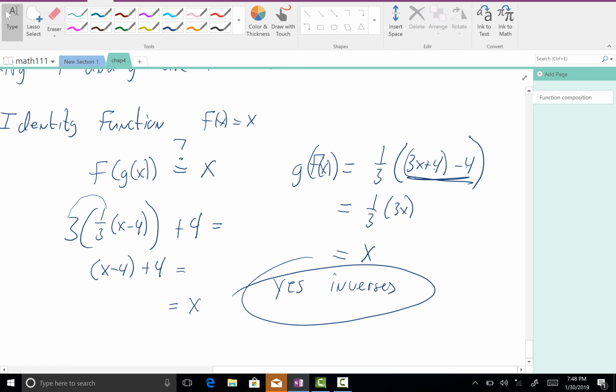Okay? That's inverses, which is a lot of stuff. But any questions on the inverses things you want? Such a quiet group tonight. I don't know.